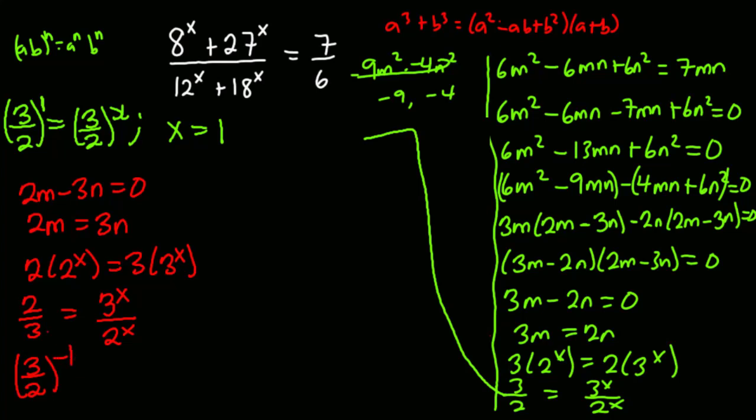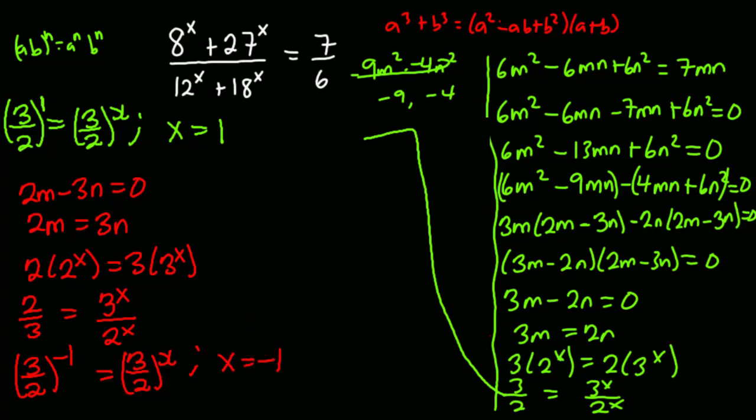That's the reciprocal of what we have here. And this is equal to 3 exponent x all on 2 exponent x, which is the same as 3 on 2 all exponent x. And since they have the same base, x is equal to negative 1.